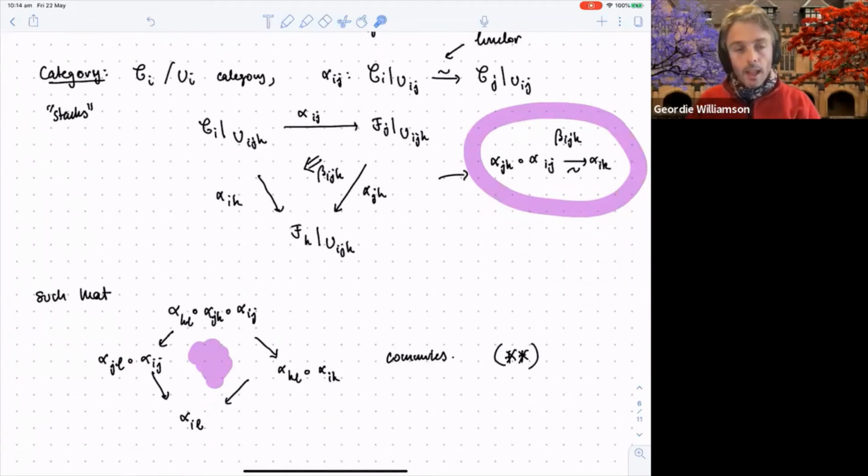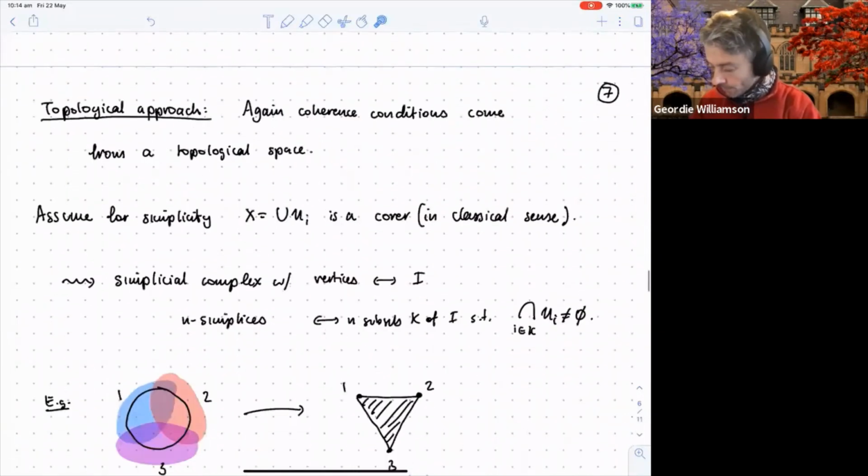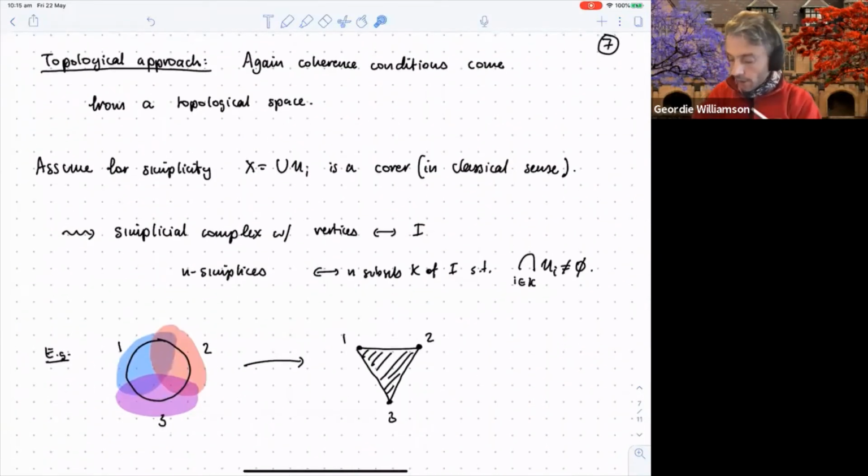Okay. And just to tie into last week, I want to remind you that you can also interpret this. You can ask, where do these coherences come from? And again, they come from a topological space called the nerve of the covering. Again, for simplicity, we're thinking that we have a cover in a classical sense.